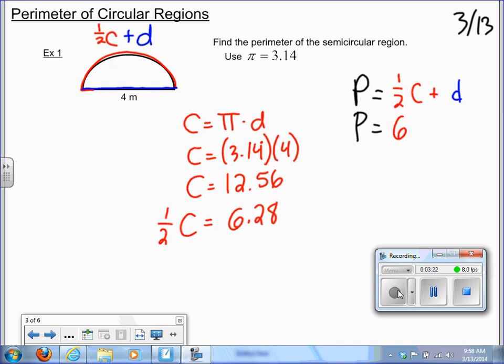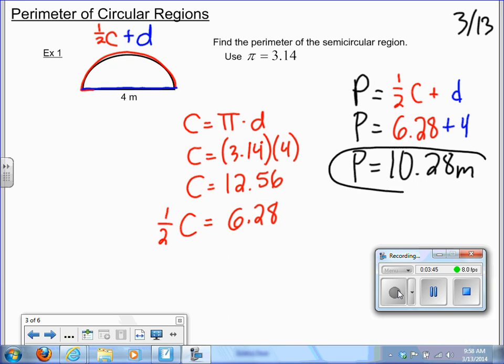So perimeter equals 6.28 plus 4. Good. The perimeter of this shape, the straight sides plus the curved sides, all together is 10.28 meters. And this is exactly how your work should look.